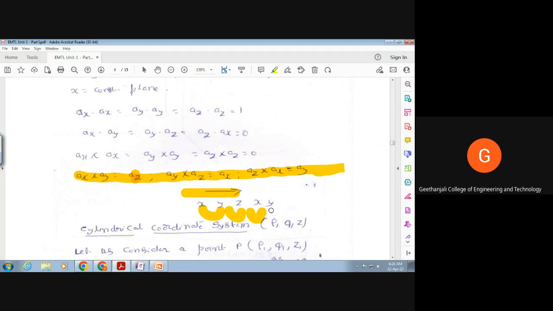You get only positive values. In the reverse direction, ay cross ax is equal to minus az, ax cross az is equal to minus ay, and az cross ay is equal to minus ax. So this is how you can remember these equations.